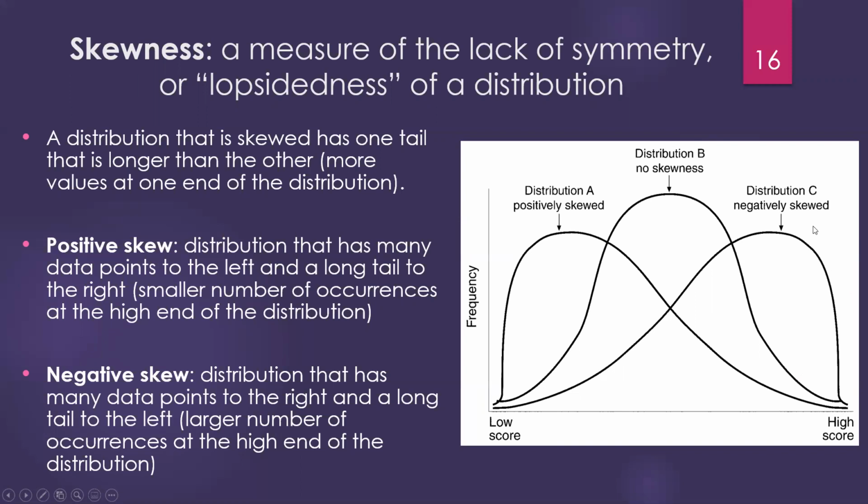A negative skew is when there's a lot of data points to the right and not that many to the left, so that there's a higher number of people or cases with high values and not that many with low values. So when the big lump or hump is to the left, that's a positive skew. When the big hump or lump is to the right, that's a negative skew.